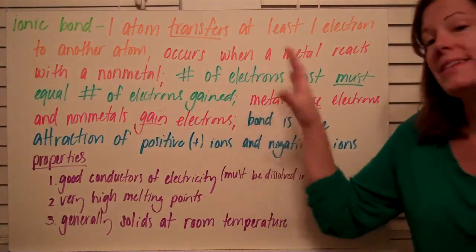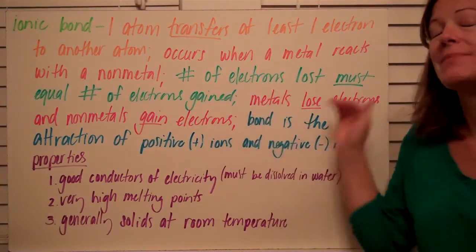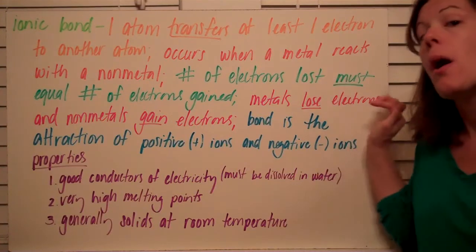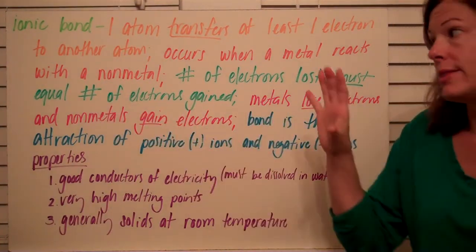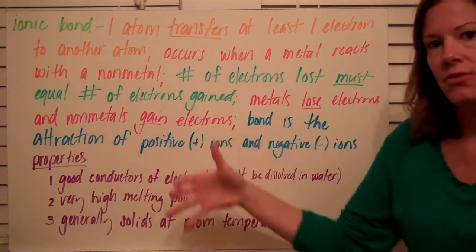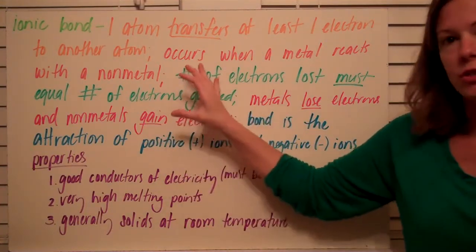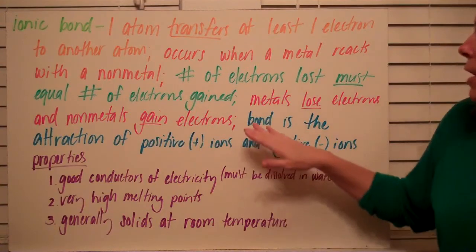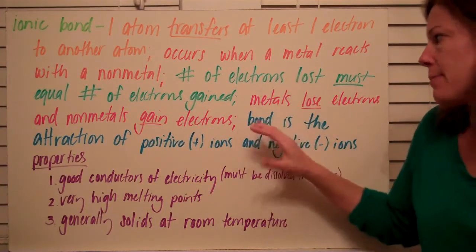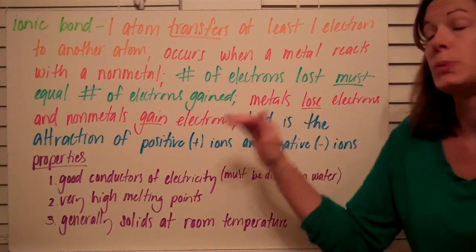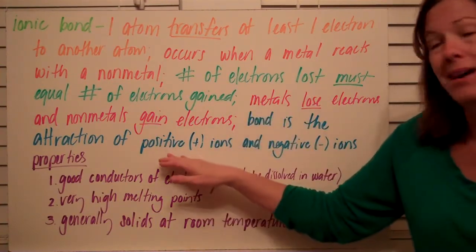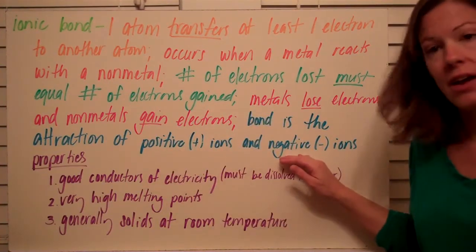And when this happens, the number of electrons that are lost must equal the number of electrons that are gained. So the overall compound that's formed can't have a charge. It's got to be neutral. The bond that's formed is really just a really strong attraction between that positive ion and the negative ions that are formed.